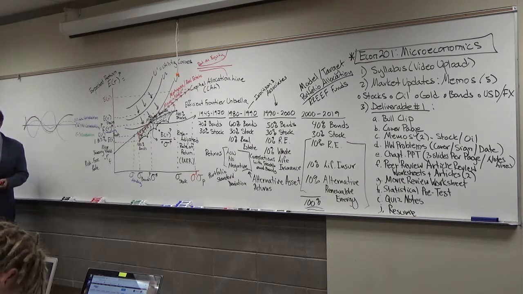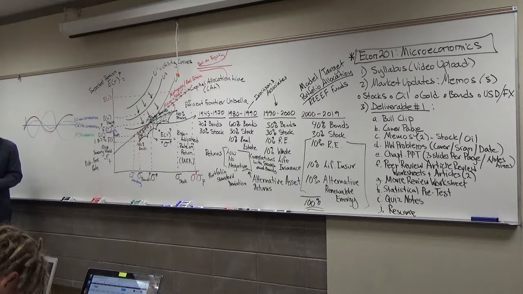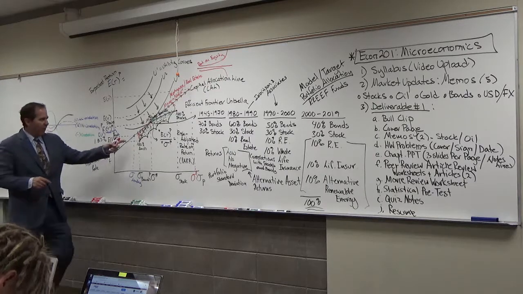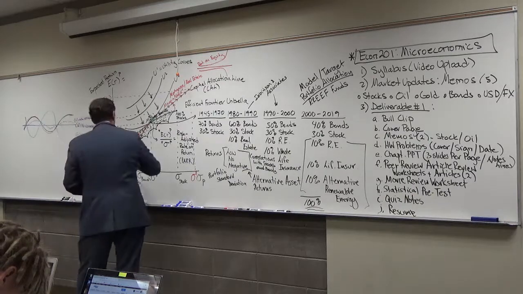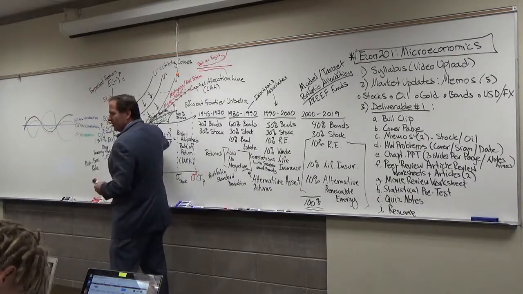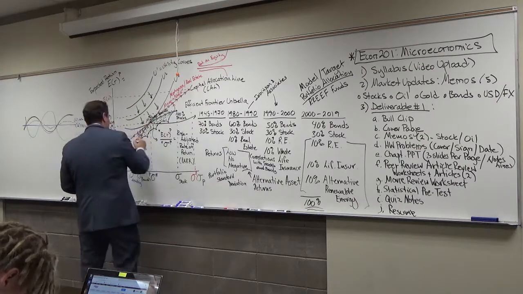Low correlation. So if I add these assets to my stock bond portfolio because they have low, no, and negative correlation, it bows out the efficient frontier, which means that it pushes it that way. Okay, it pushes it that way, bows it out. Makes it go like this.